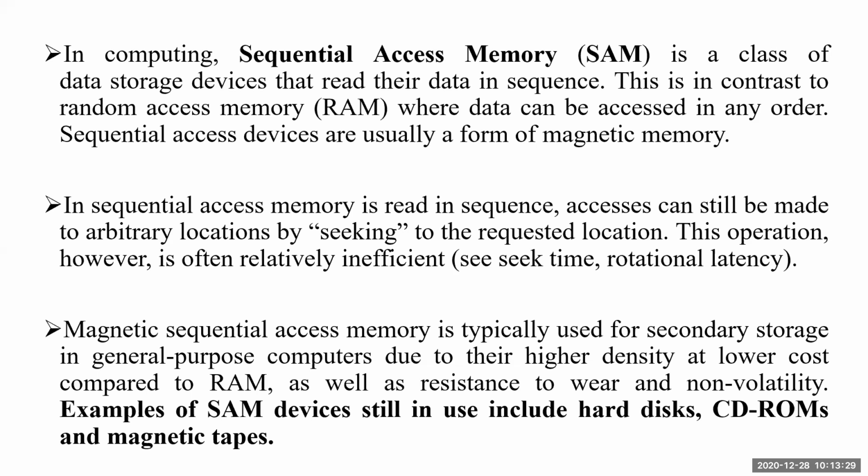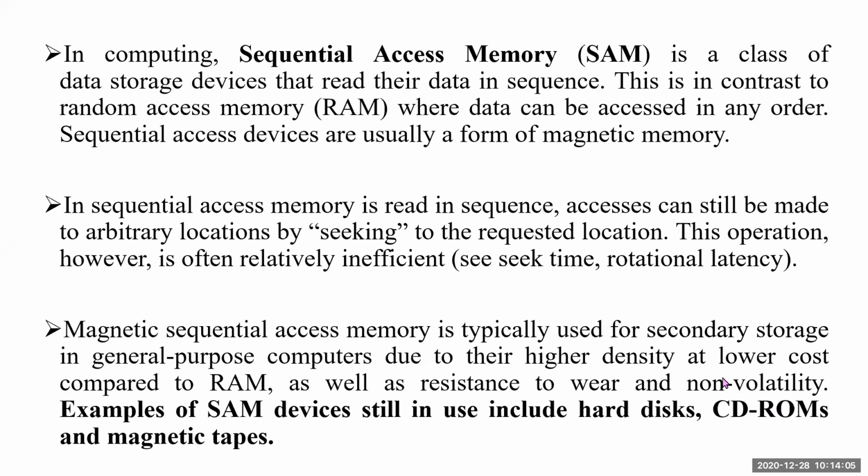Compared to RAM, SAM has a higher density at lower cost. It means you can design a SAM with higher density, fitting a large number of data components, in a more cost-efficient manner than RAM.